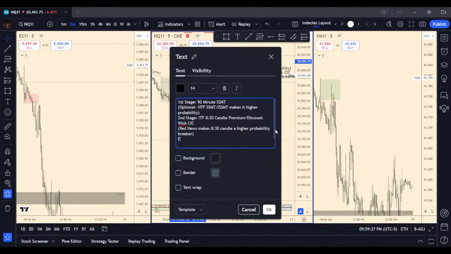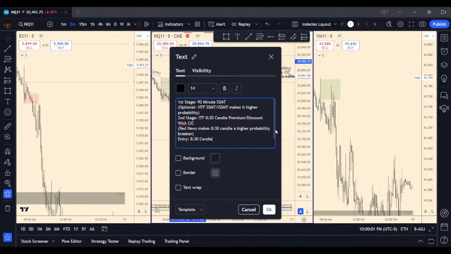Finally, entry. What would my entry be? It would be off the 8:30 candle, or the candle. So there are two different breakers that you're going to use.